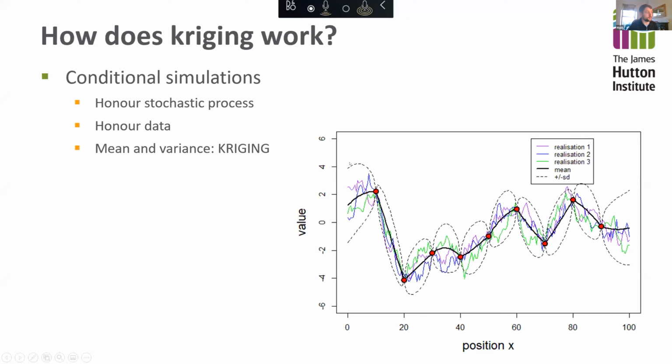And if you take the variance of all those, then that's exactly the error variance that kriging provides. Obviously, when you do kriging, you don't have to do all these simulations and take the mean of them. There's an equation that allows you to solve the interpolation problem, for just the mean and the variance at every single point in space.